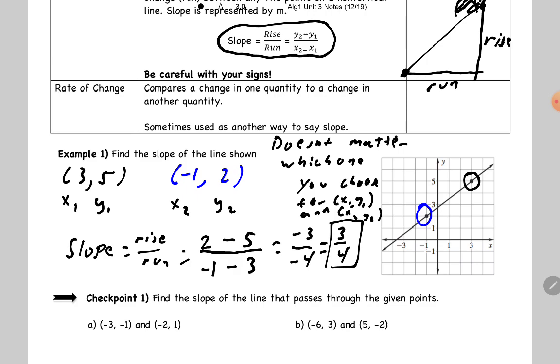So I could have swapped the blue and the black, and I still would have gotten the same answer. The work would have been slightly reversed because it would have 5 minus 2 and then 3 minus 1, but you still would have gotten the same answer.